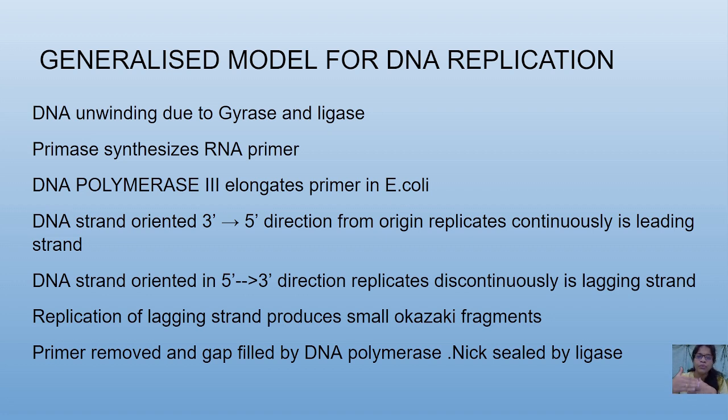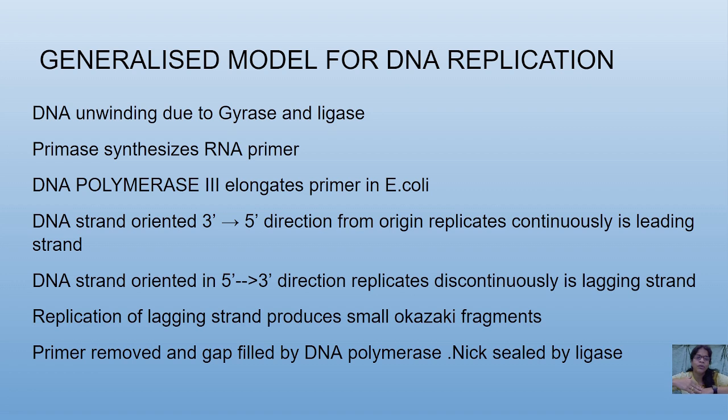So it has to be separated first, for one strand to act as a template and the other strand to act as a template. For that, there are two important enzymes called gyrase and helicase that bind to the DNA. Once they bind to the DNA molecule, the two templates of DNA get separated.